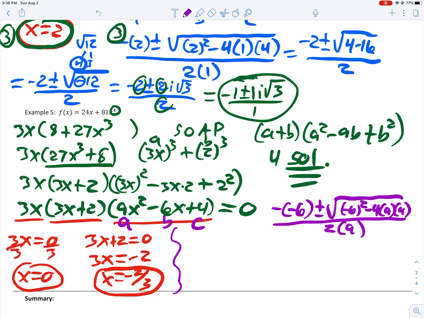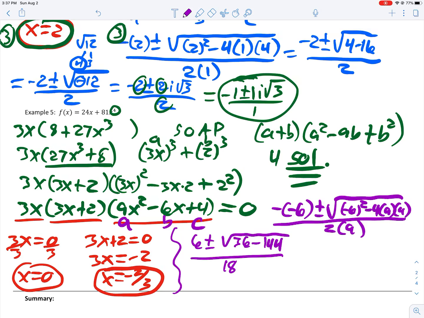And now I'm just going to simplify all of that. So 6 plus or minus the square root of 36. So now I have to do 4 times 9 times 4.